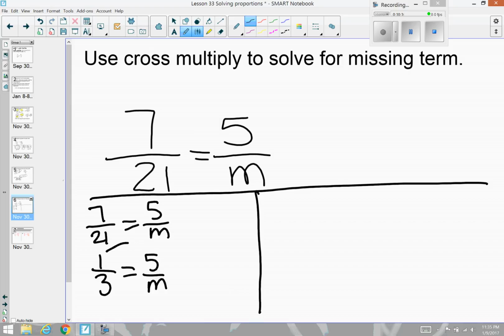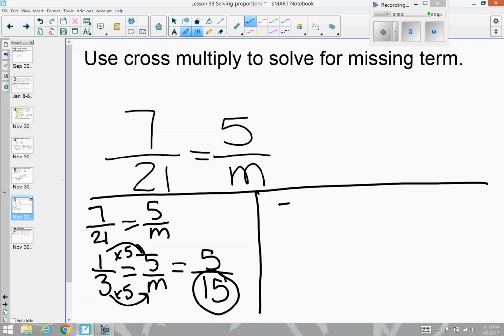And 1 can be multiplied by 5 to make 5. So therefore 3 times 5 is equal to m. So this would be equal to 5 over 15. Okay, so 15 is what our m value is.